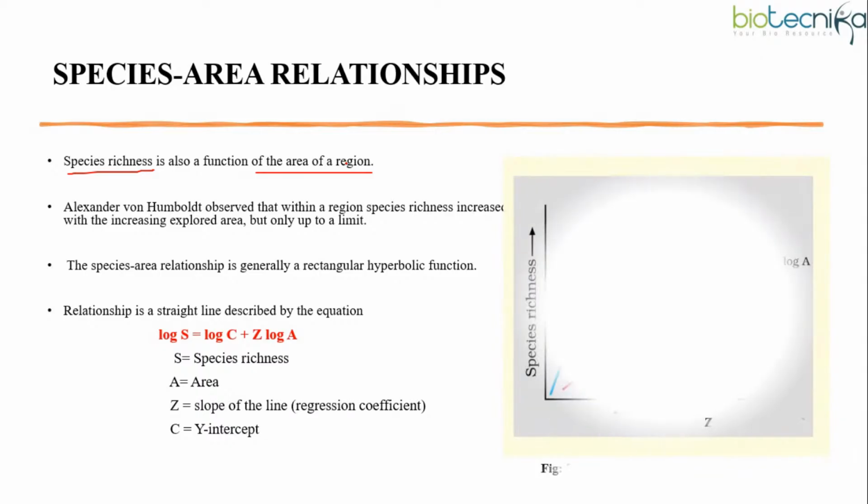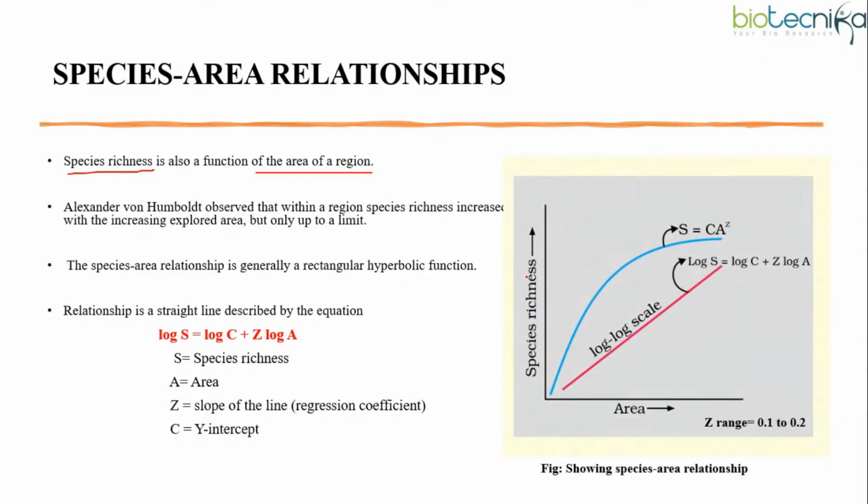Here you can see a graph plotted between species richness and area, where species richness is plotted on the y-axis and area is plotted on the x-axis. According to the study of German naturalist and geographer Alexander von Humboldt, within a region, species richness increases with increasing explored area, but only up to a limit.